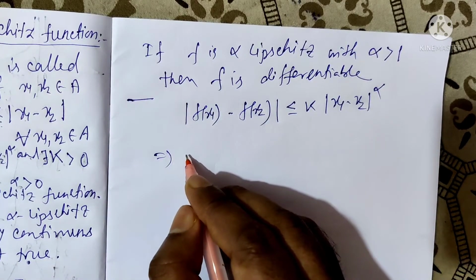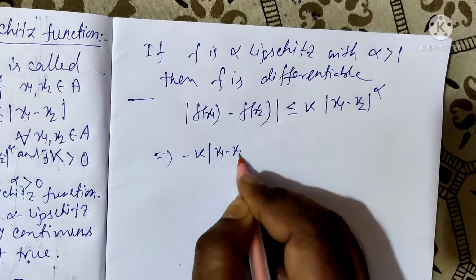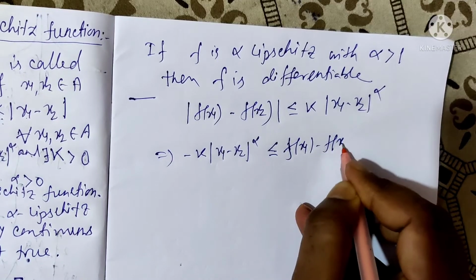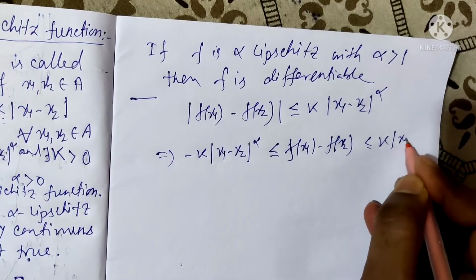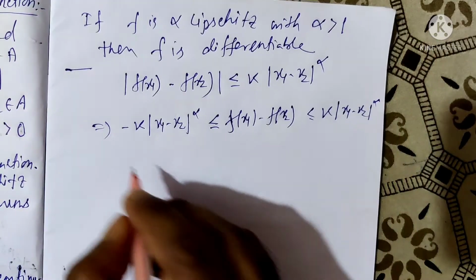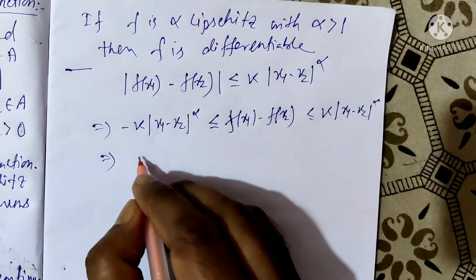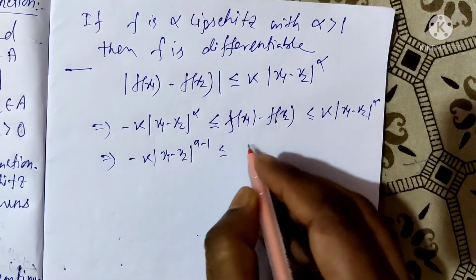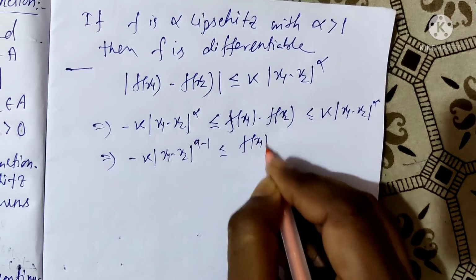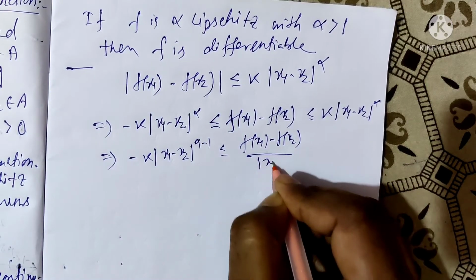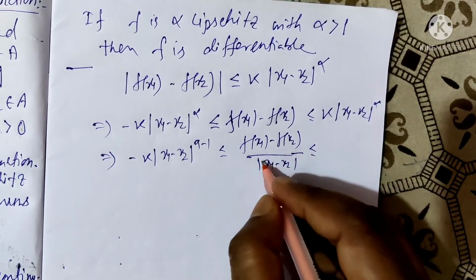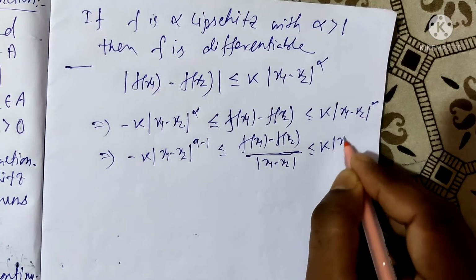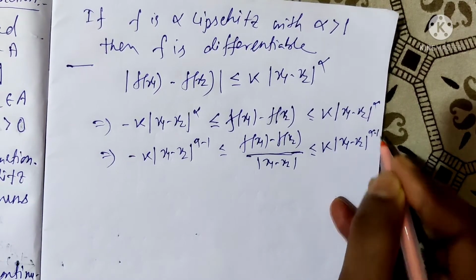That implies minus k into modulus of x1 minus x2 to the power alpha is less than or equal to f of x1 minus f of x2, which is less than or equal to k into modulus of x1 minus x2 to the power alpha. That implies minus k into modulus of x1 minus x2 to the power alpha minus 1 is less than or equal to f of x1 minus f of x2 divided by modulus of x1 minus x2, which is less than or equal to k into modulus of x1 minus x2 to the power alpha minus 1.